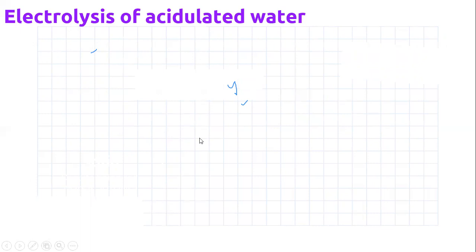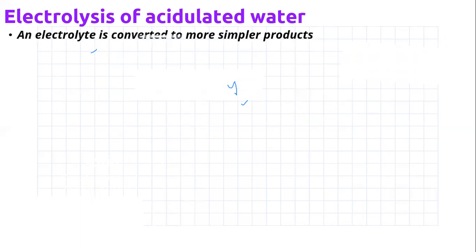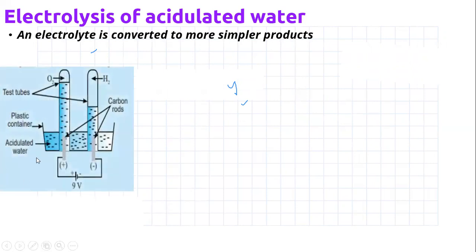What happens when we pass electricity through acidulated water? Right. Here you can see there's a 9 volt electric cell, 2 carbon rods, a plastic container, and test tubes to collect the gases. Here we have to make holes in the plastic container, put in the carbon rods, and seal this with wax.